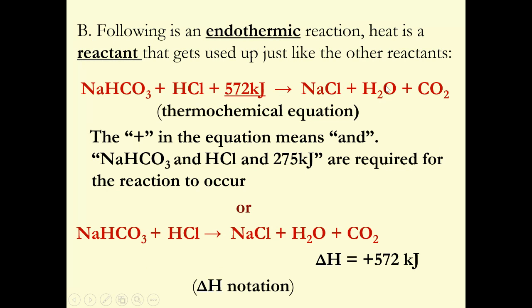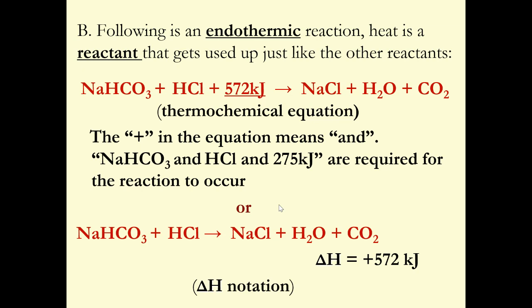So here's an example of an endothermic reaction. The reaction between sodium bicarbonate and hydrochloric acid requires heat energy to occur. So it is a reactant. It gets used up just like the other reactants get used up. So when I react sodium bicarbonate with hydrochloric acid, it uses up a certain amount of heat to create the NaCl, H2O, and CO2.